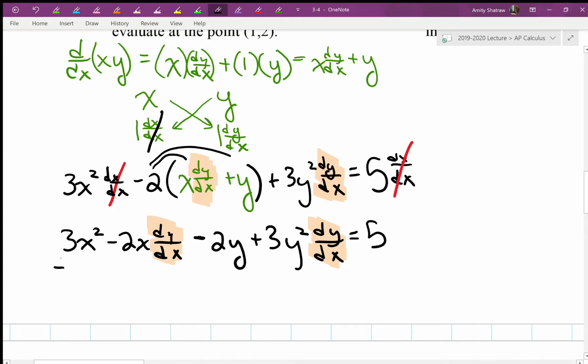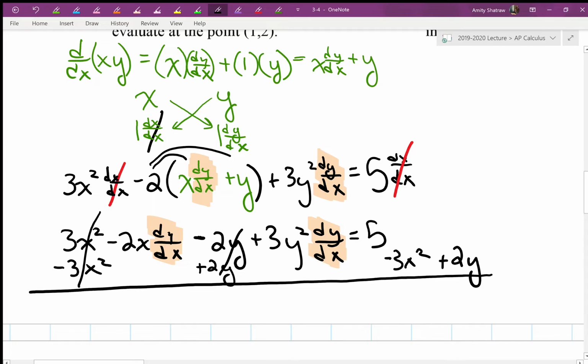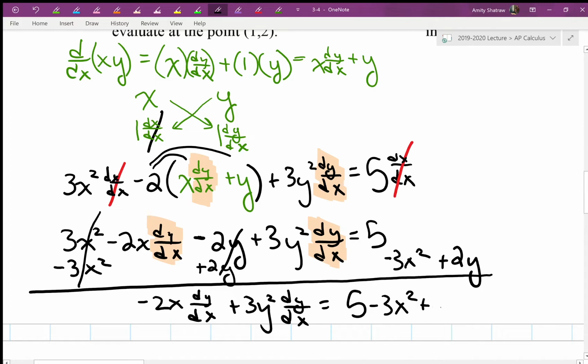So I'm going to subtract 3x squared from both sides because it doesn't have a dy dx associated with it. I'm going to add 2y to both sides because, again, it does not have a dy dx associated with it. And I'm going to say then that I have negative 2x dy dx plus 3y squared dy dx. And that's going to equal this ugly mess over here, 5 minus 3x squared plus 2y.